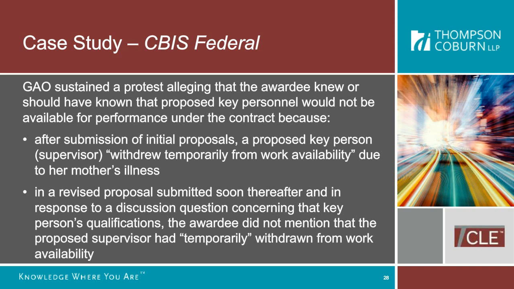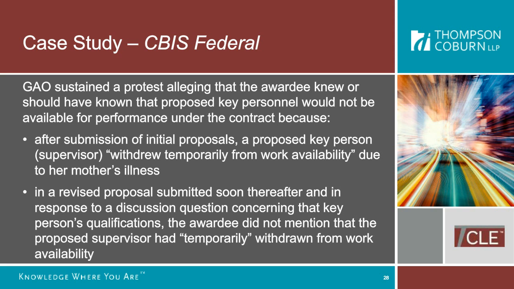In the CBIS case, the GAO sustained this protest that was alleging that the awardee knew or should have known that its proposed key personnel would not be available for performance. And the facts were, briefly, that after the submission of initial proposals, a proposed key person who was a supervisor, she, quote, withdrew temporarily, and this is the way she worded it, the notice to the company whose resume she had been used.